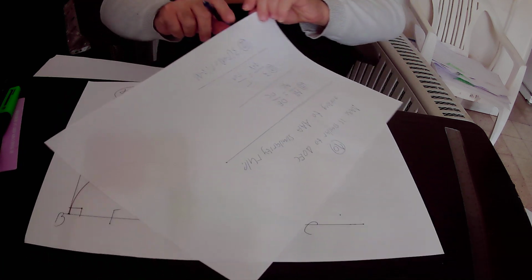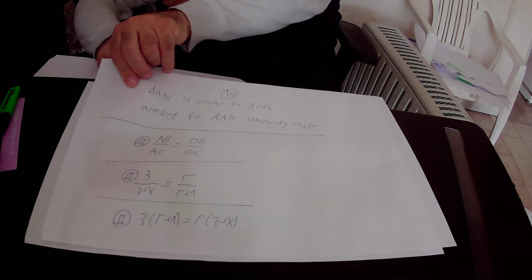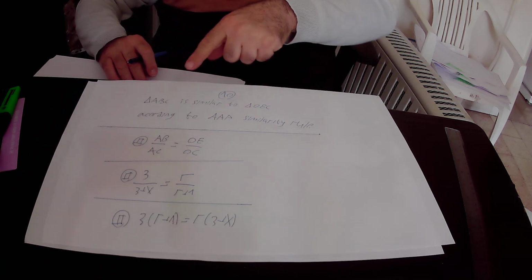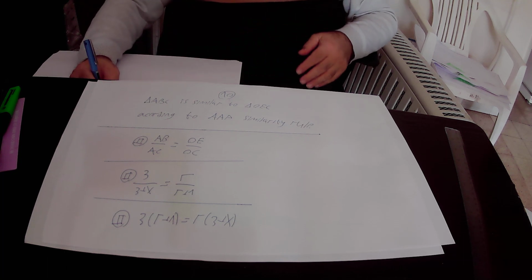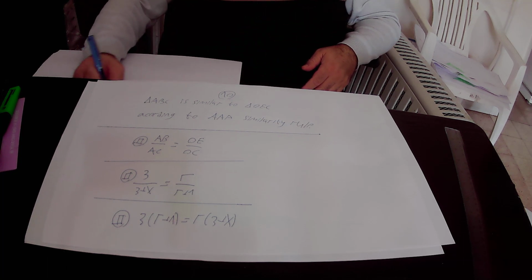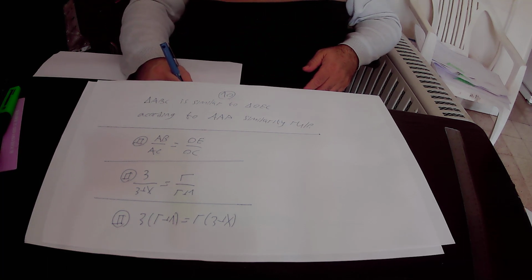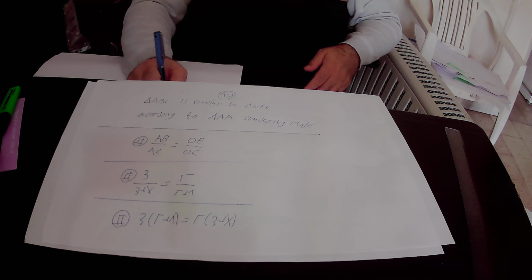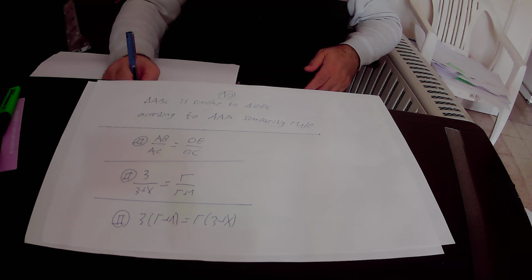So here we will open the brackets in both sides of equation number 2, and we will get that 3R plus 3 equals 3R plus R times x.